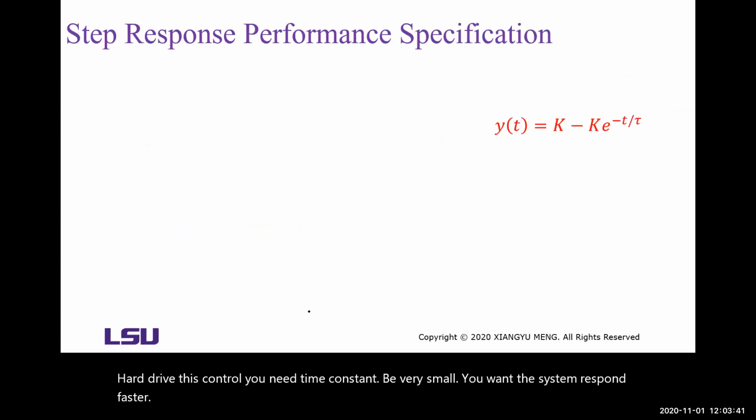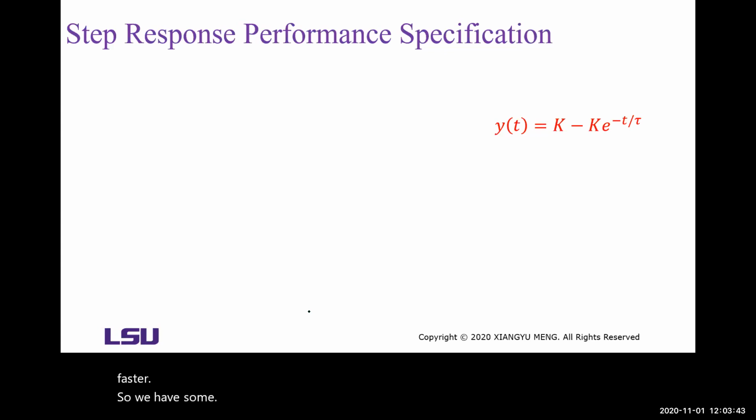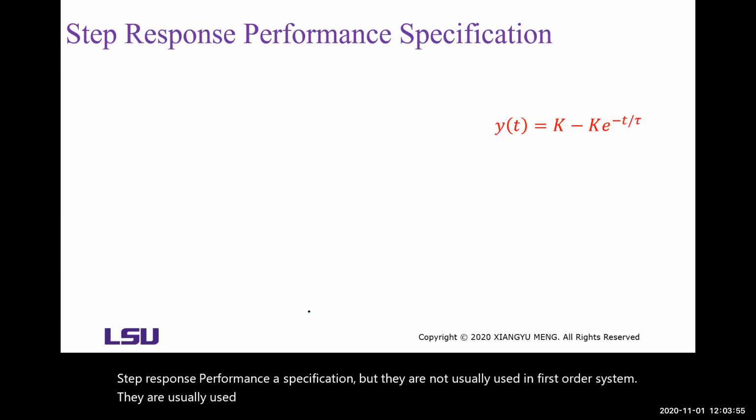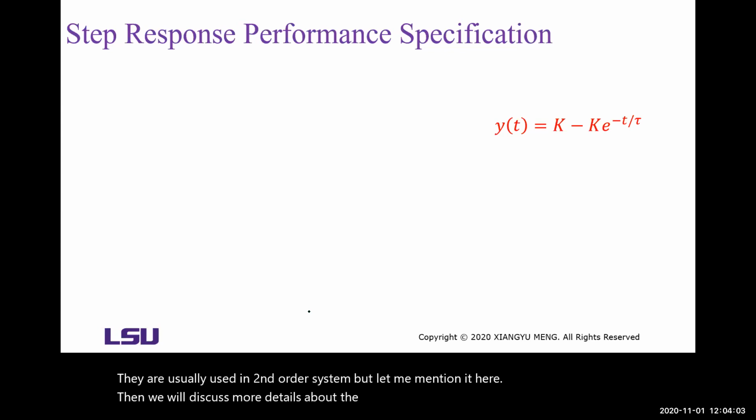So we have some step response performance specifications, but they're not usually used in first order systems. They're usually used in second order systems. But let me mention it here, then we will discuss more details about the performance specifications in second order systems.